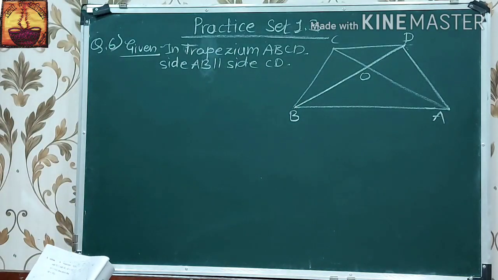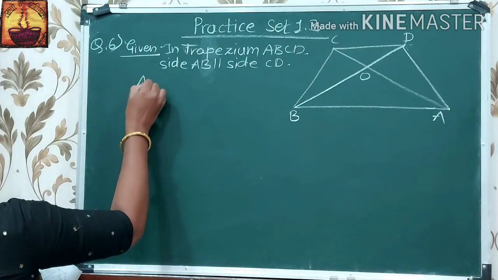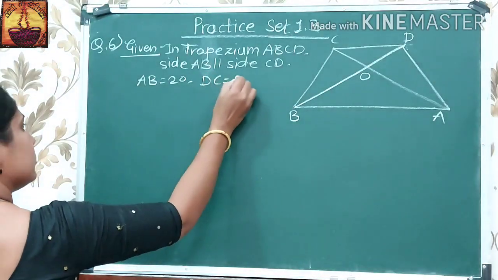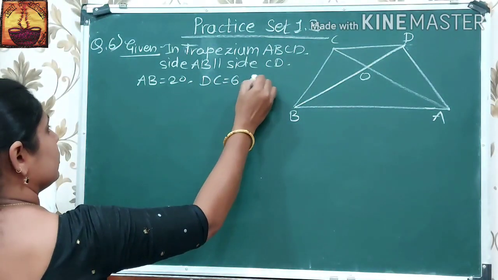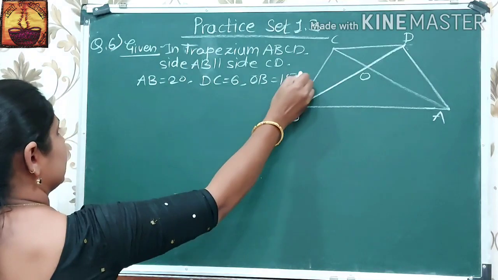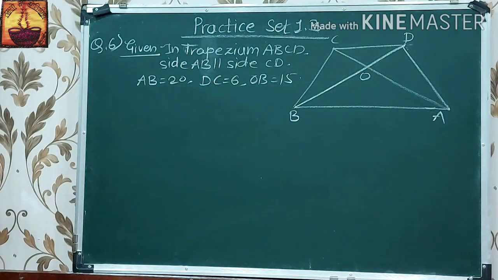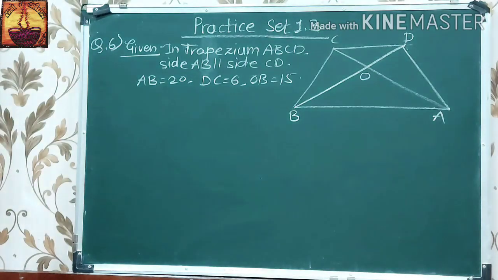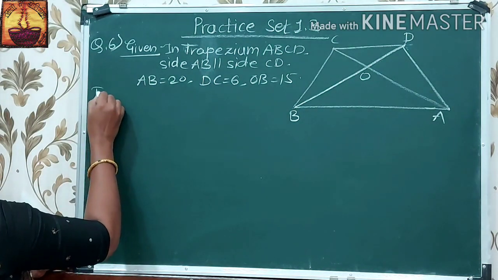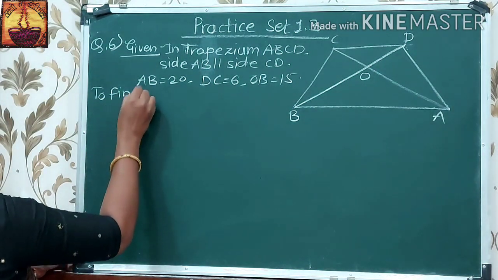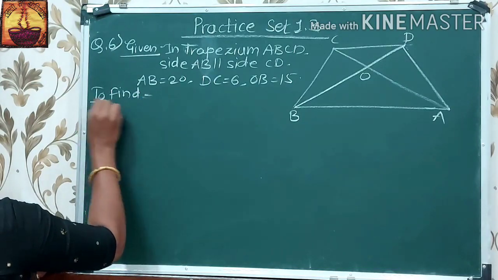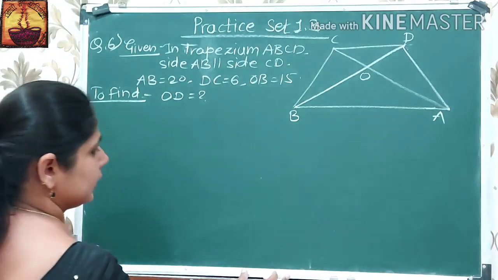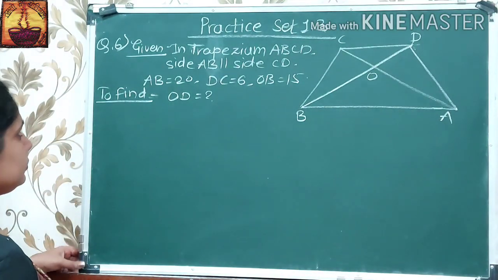If AB is equal to 20, DC is equal to 6 and OB is equal to 15, then find OD. Then we have to find OD. Therefore, write here: to find the length of OD.